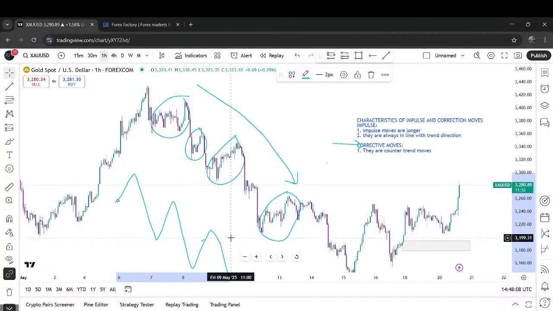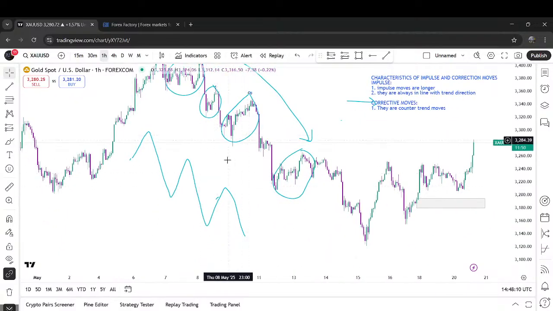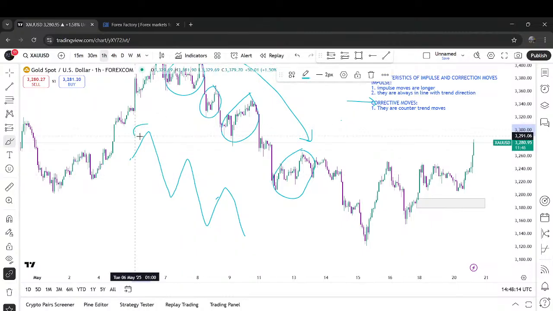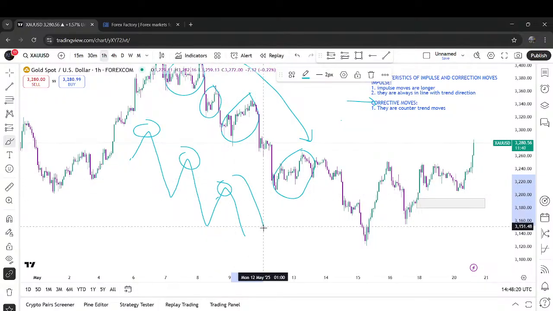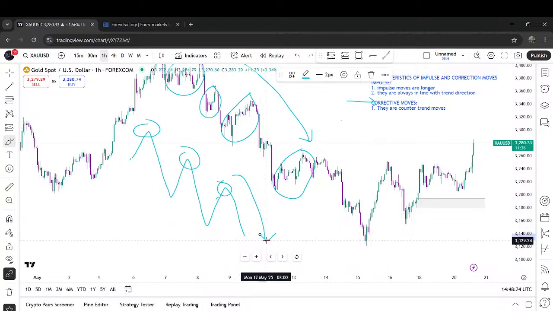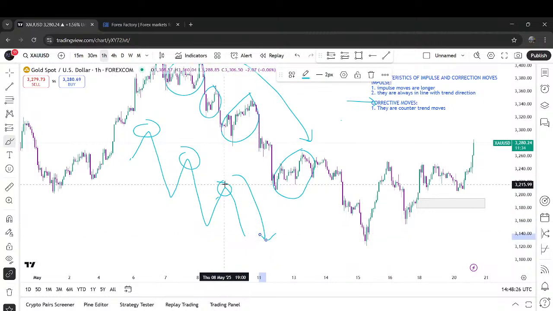By the time you are able to correctly tell about these moves, you'll know where a lower high is located. You'll know if the market actually formed a lower high and is beginning to seek other liquidities downstairs. You know when price has formed a lower high and is going for a lower low. You know when price has completed a pullback. You will know when price has actually done something called inducement. We'll talk about all that later.